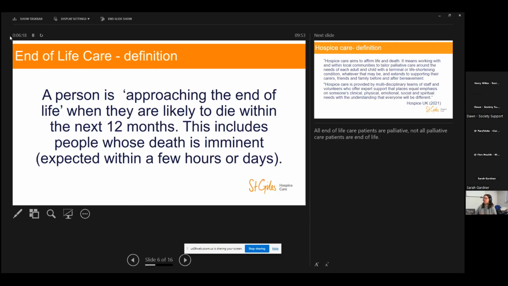How can we improve their quality of life for the time that they have left? So that's the main difference between palliative care and end of life care.